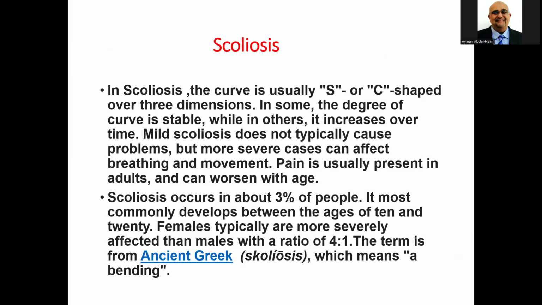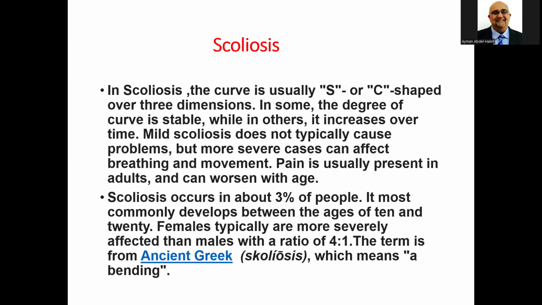Okay. We'll jump into another important topic, which is scoliosis. In scoliosis, the curve is S or C shaped over 3 dimensions. In some, the degree of the curve is stable, while in others, it increases over time. Mild scoliosis does not typically cause problems, but more severe cases can affect breathing and movement. Pain is usually present in adults and can worsen with age.